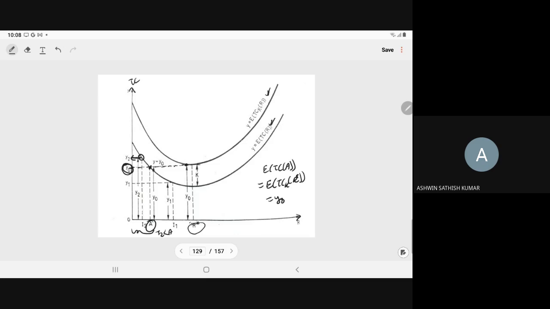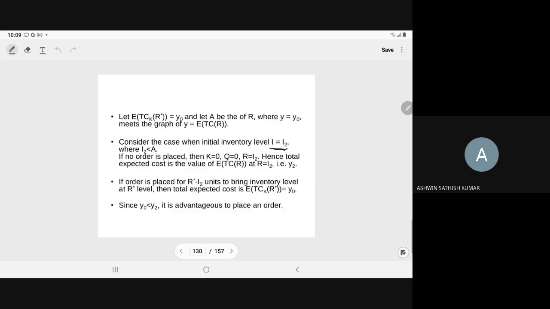And from here you can observe that Y2 is greater than Y naught, meaning ETC is greater than the ETC at R star, when the initial inventory I2 is less than A. It means if the initial inventory is less than A and the optimal level is R star, how much quantity do you have to order?